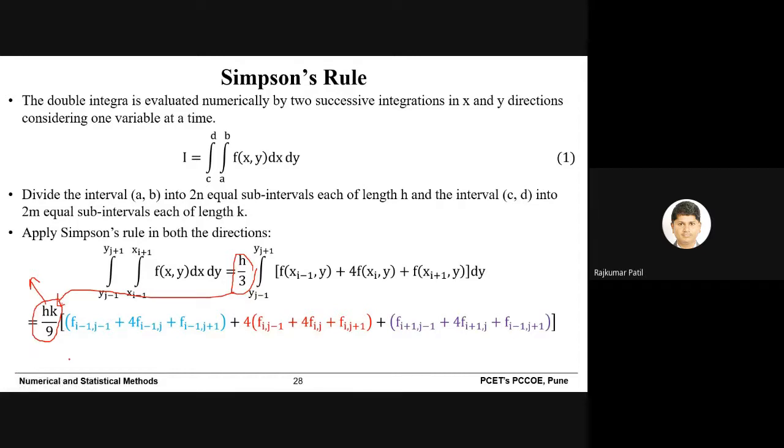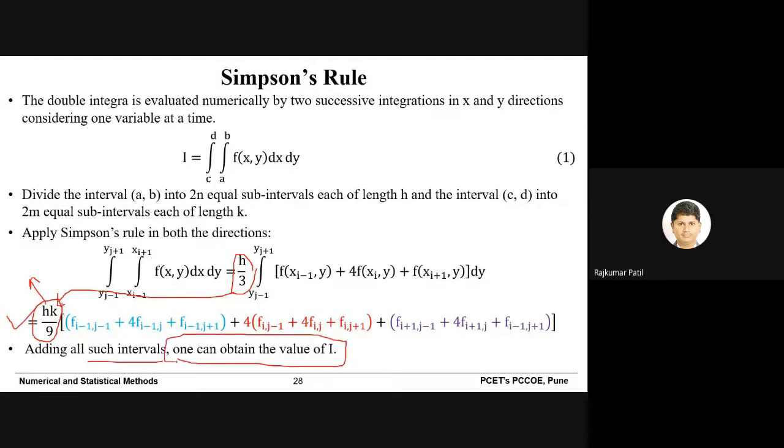This is how we derive the equation. Now this is how you can derive the equation for each and every interval and calculate the value of integration. Here we took a particular interval and derived this equation. Similarly, you need to prepare the equation for all remaining intervals and go on adding.